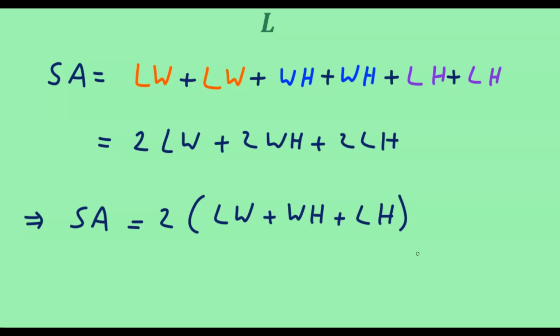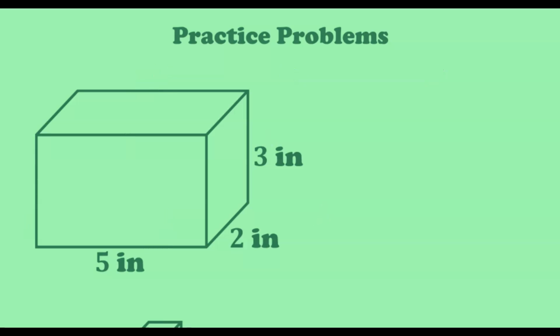So this is our required formula for the surface area of a rectangular prism. Now let us have a look at a few practice problems to see how we can apply this formula.